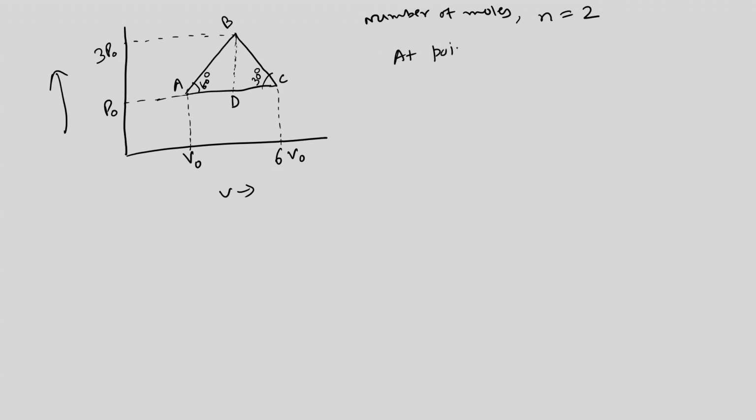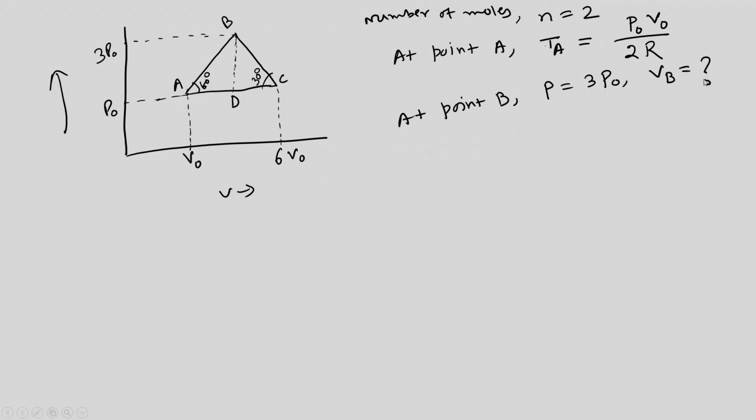At point A, if we say temperature is TA, it is P naught V naught by 2 times R, right. At point B, pressure is 3 P naught, volume at point B is not known.